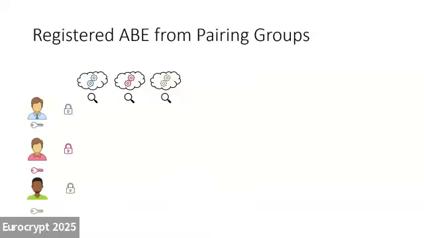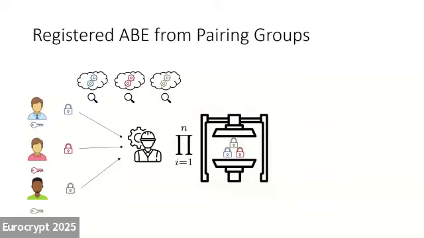As different users come along and occupy these slots in the ciphertext, since we're living in this group-based scheme, these master public keys are just some series of group elements. So all that the key curator does is multiply them together and compress it into something that looks like a short ABE master public key. So this is great for encrypting.